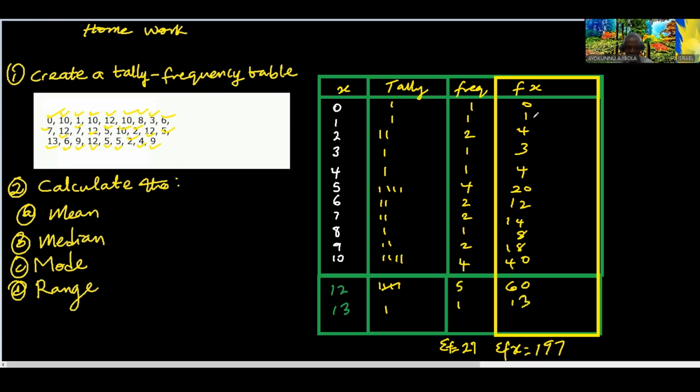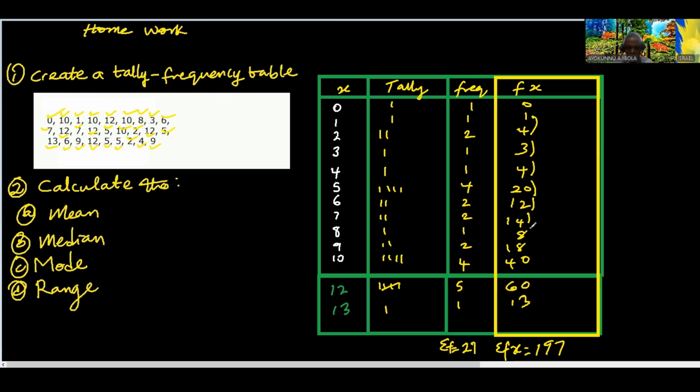Let me try it again for the last time, okay? So this is 5, right? Plus 3, that's 8. Then plus 4, that's 12. Plus 20, that's 32. 32 plus 12 is 44, right? 44 plus 14 is 58.